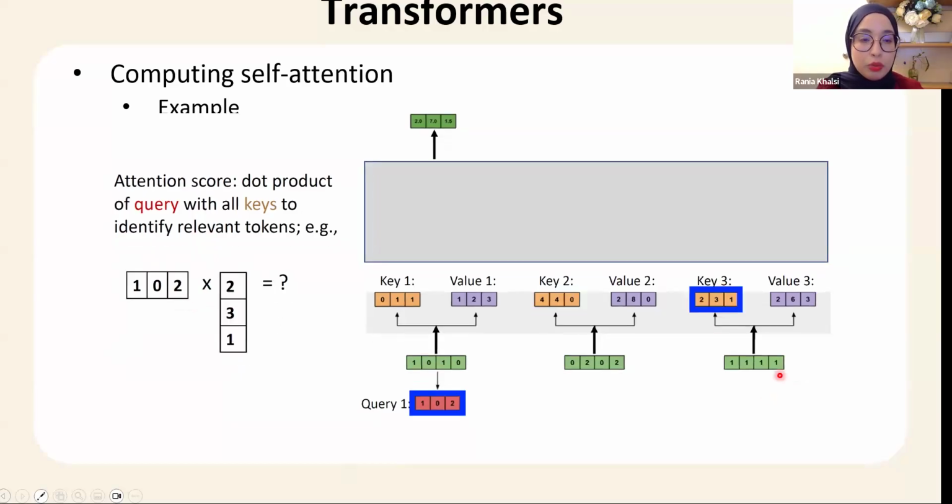For the next one, we do the same, multiplying the query with the third key. The key has values 2, 3, 1, and the query has 1, 0, 2. The result here gives us again 4.